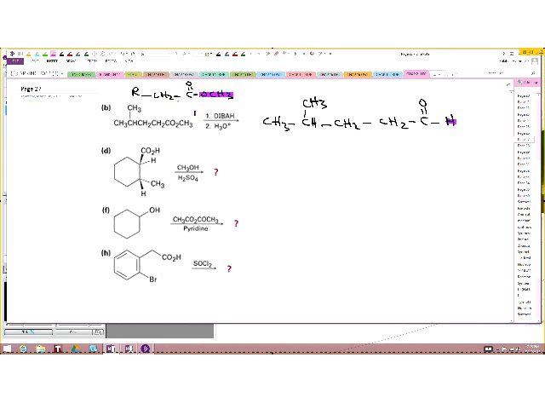That's what you've done. Therefore, the DIBAL is a source of hydride. So if I ask you for this mechanism, just use the hydride, and then you do your nucleophilic acyl substitution reaction.